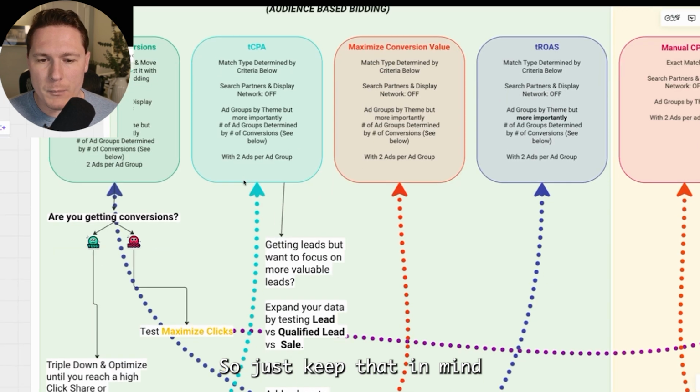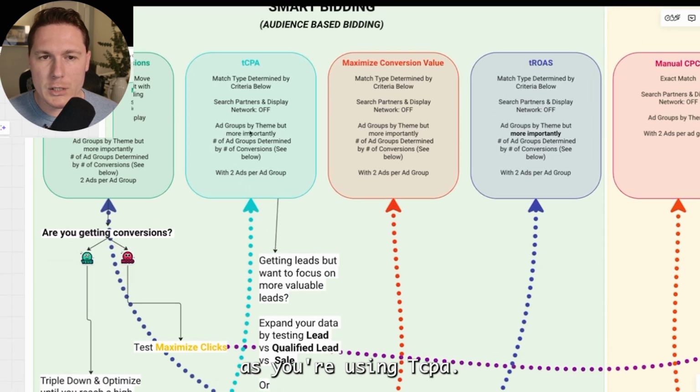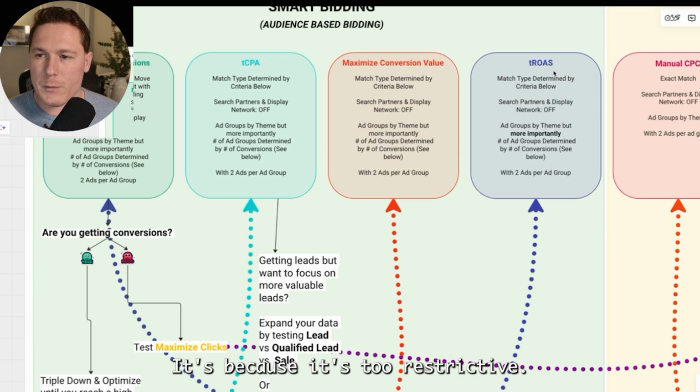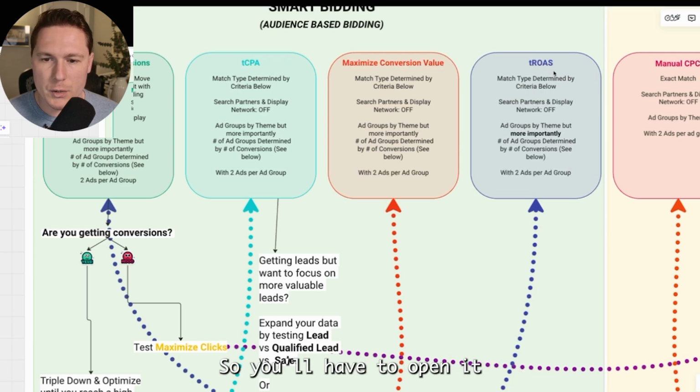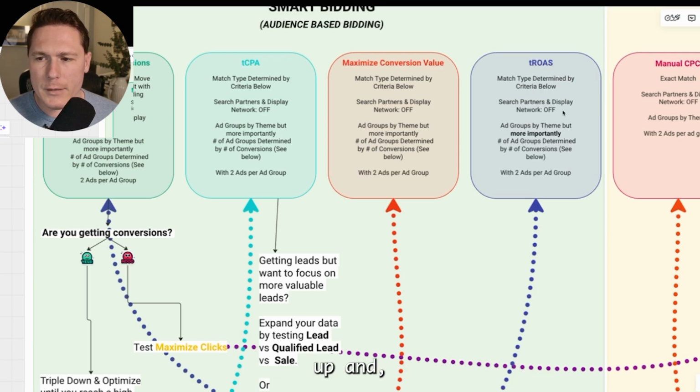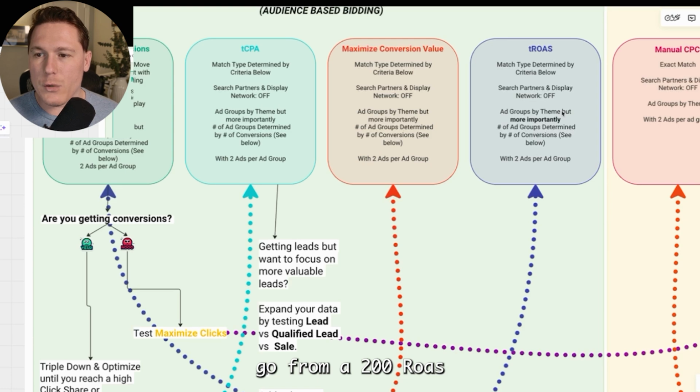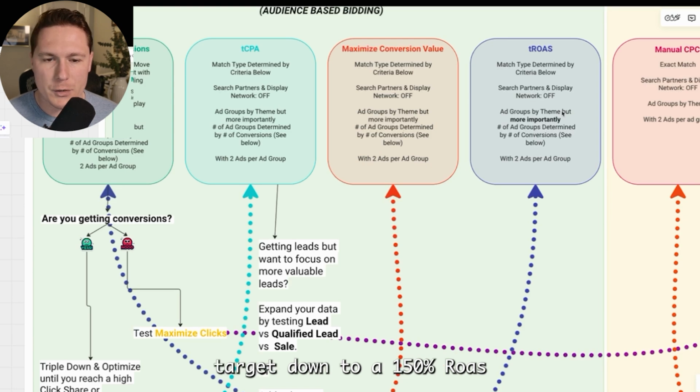So just keep that in mind as you're using TCPA. It's the same thing with TROAS. If you're not getting the specific daily amount of spend through, it's because it's too restrictive. So you'll have to open it up and go from a 200% ROAS target down to a 150% ROAS target, for example.